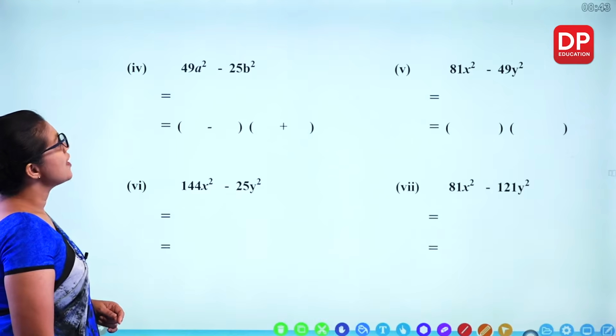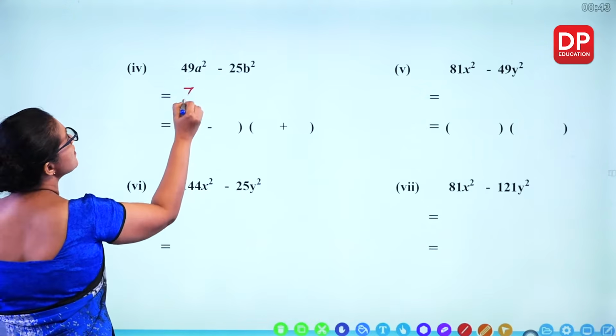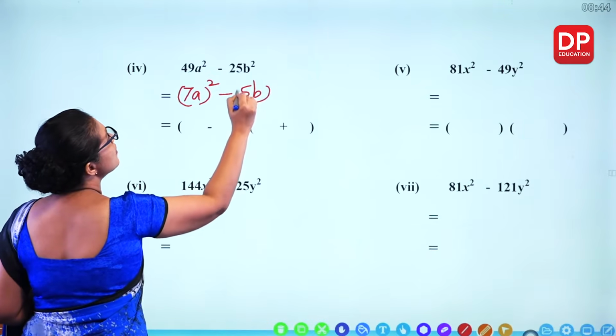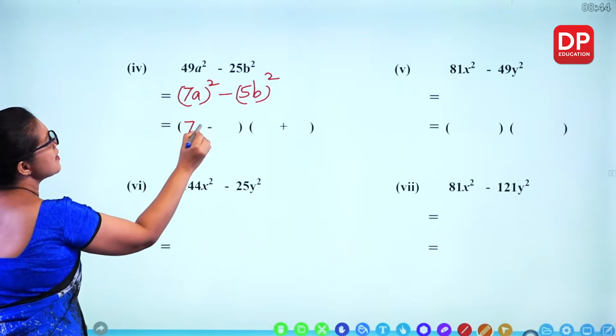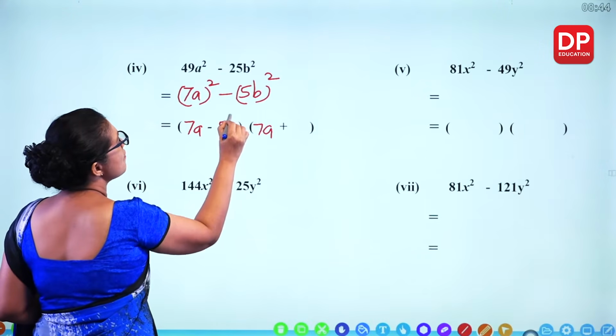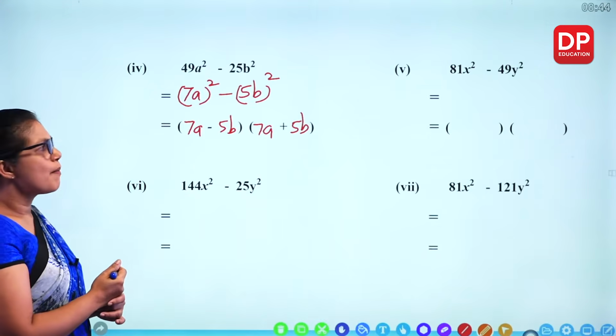Now try to factorize using difference between two square terms. First thing you have to write as square terms. 7a whole thing squared and 5b whole thing squared. Then easy. You write 7a first and the second term is 5b. One is negative and one is positive.